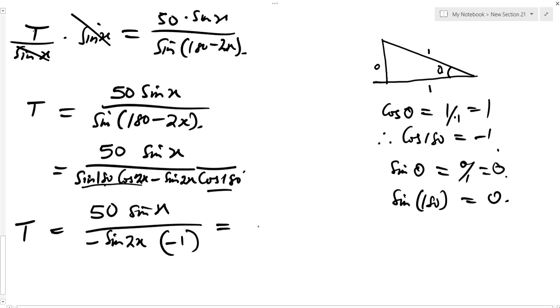So this will now be 50 sine x divided by sine 2x.